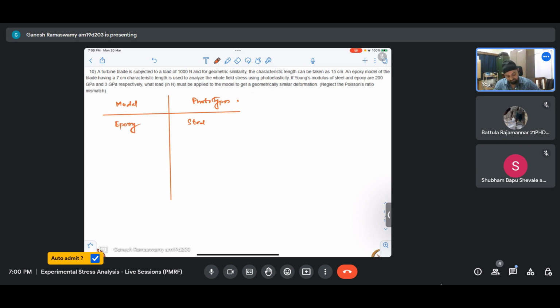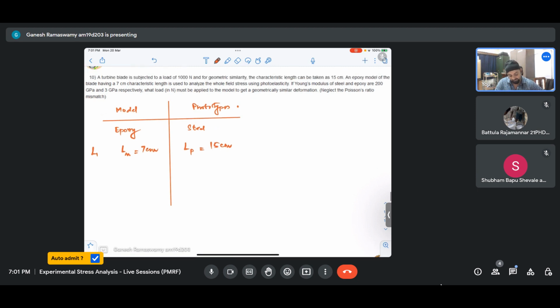For that, the characteristic length, let me denote that by L. The characteristic length of my model is given to be 7 centimeters, and that of my prototype is 15 centimeters. So I am essentially scaling it down.